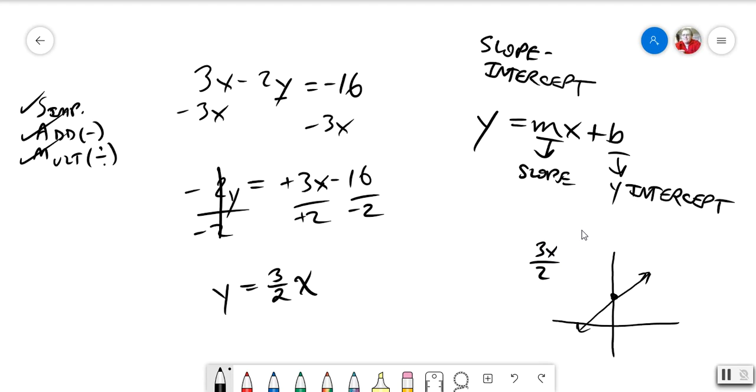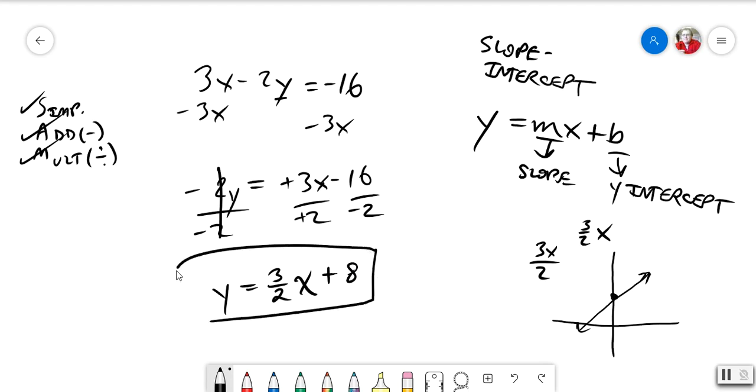These mean the same thing, but 3/2 x looks better because you see the m number separately. And a negative divided by a negative is a positive. 16 divided by 2 is 8. That's your answer, people. You're not getting y equals a number or x equals a number. You are simply getting the equation format of this. That's all you're doing.